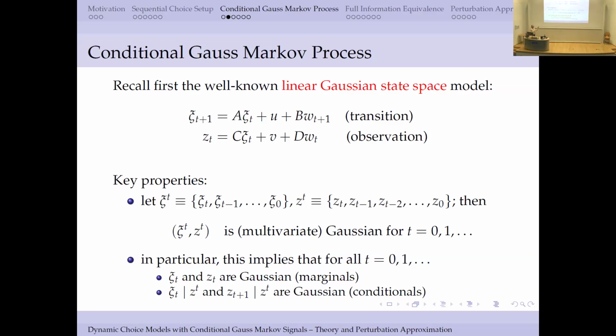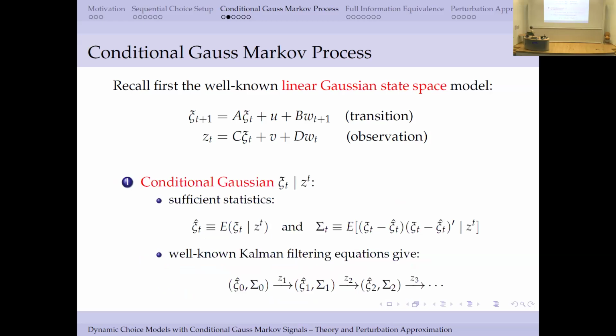We get all of that from the multivariate Gaussianity of this sequence of random variables. What else do we know about these conditionals? They are conditionally Gaussian, which means they have two sufficient statistics, the conditional mean and the conditional variance.